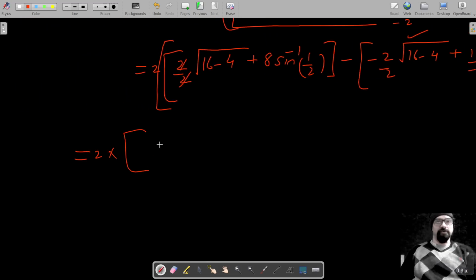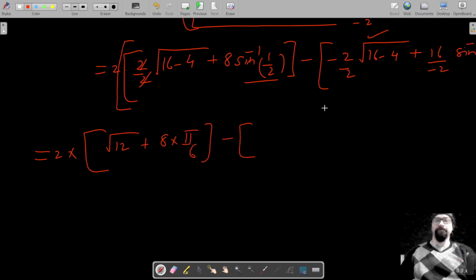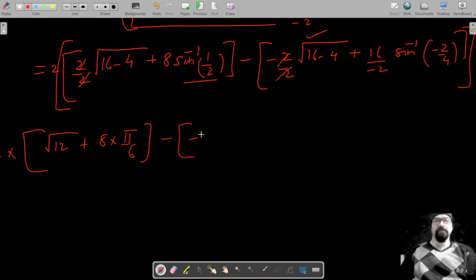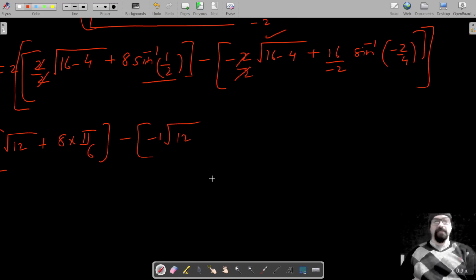So now into 16 minus 4 is under root 12 plus 8 into sine inverse half. Now the angle for which the value of sine is half is 30, so this is pi by 6, minus, this is -1. So 16 minus 4 is root 12 plus this is now -8, and sine inverse -half.